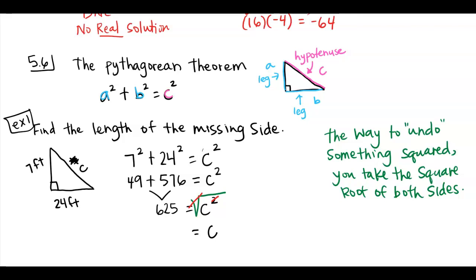They'll use some other letters. And then on the other side, on your calculator, you'll figure out the square root of 625, and 625 square rooted is 25. So our answer is 25 feet. So our hypotenuse, this side of my triangle, is going to be 25 feet long.